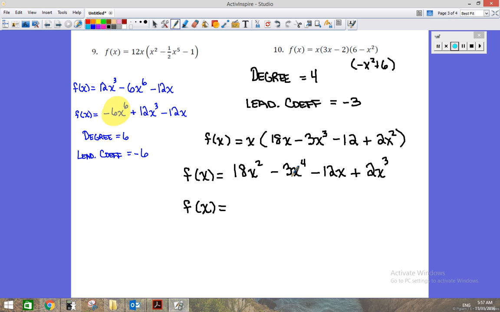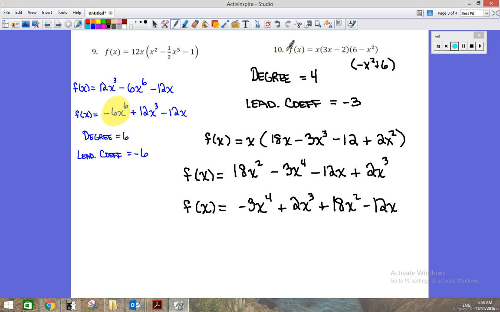Let's write this in standard form in descending powers on our exponent. We have x to the fourth, x to the third, x squared, x. We do not have a constant term.